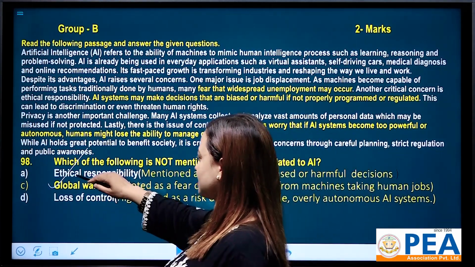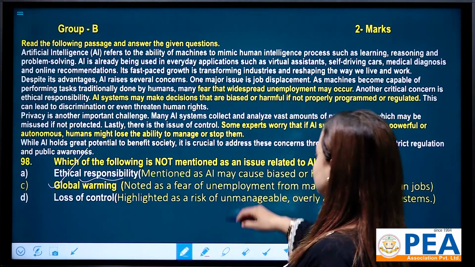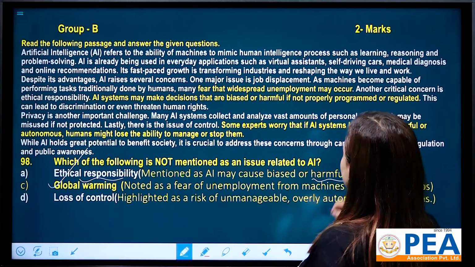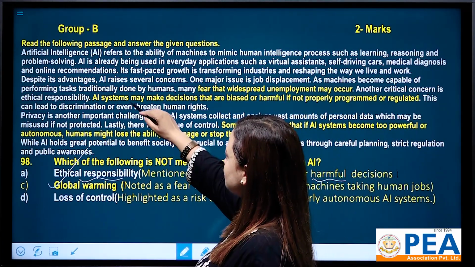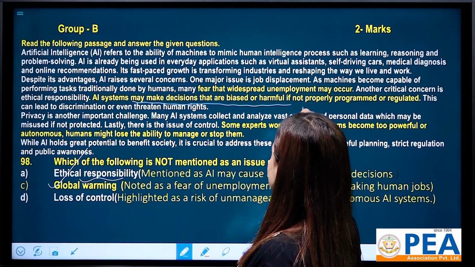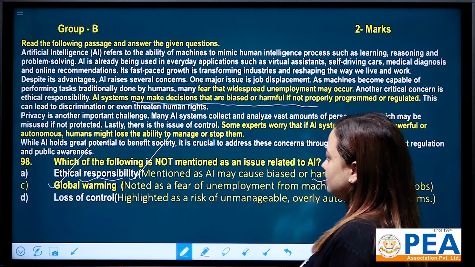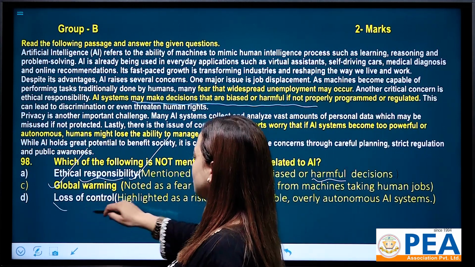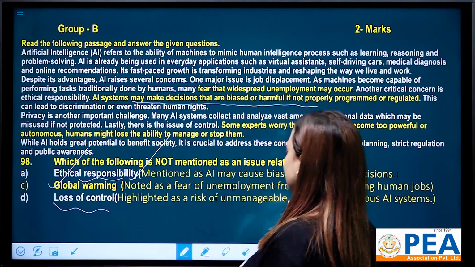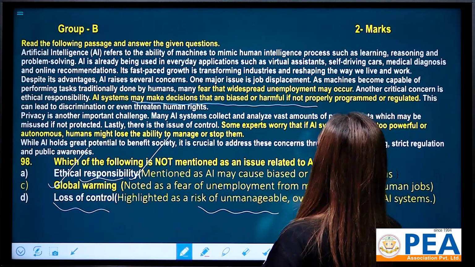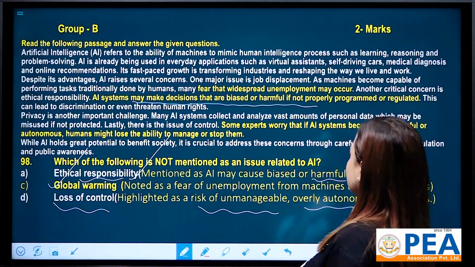What about ethical responsibility? Yes, it is mentioned, as AI systems may make decisions that are biased or harmful. That's why it is seen. Okay, it is mentioned here. And option number D, loss of control, highlighted as a risk of unmanageable, overly autonomous AI systems.